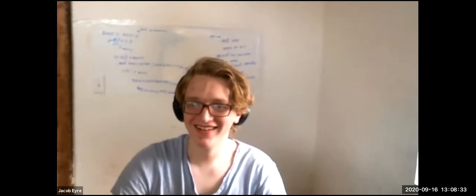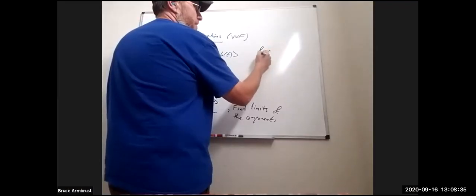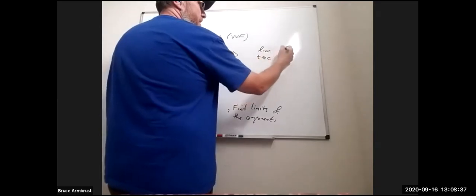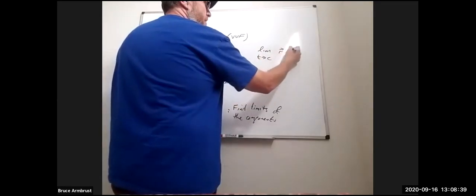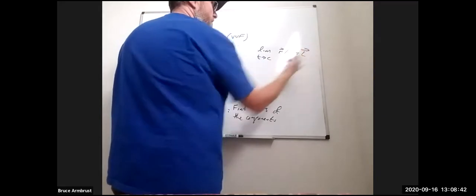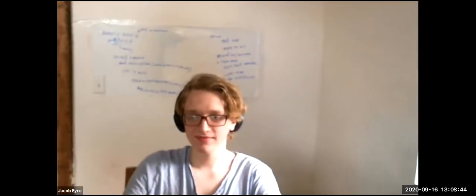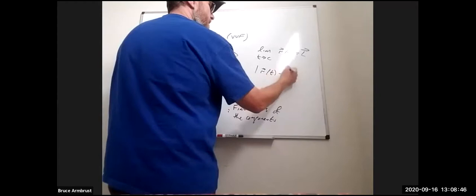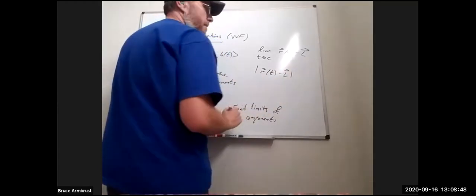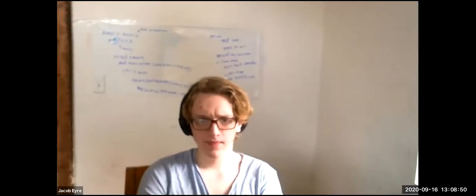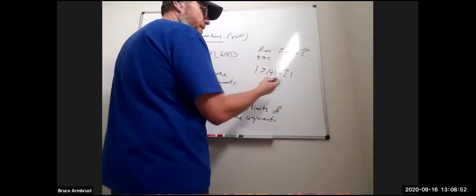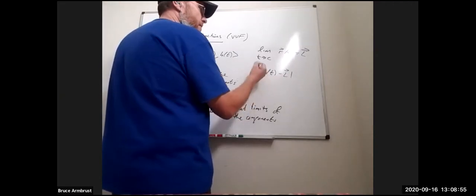What we would say is that the limit as t goes to c of r of t equals L, and we'd just be looking at r of t minus L. The difference in those two has to be going to 0.